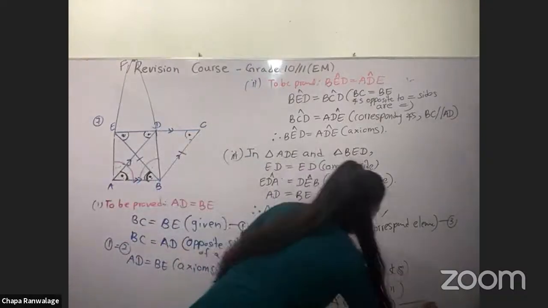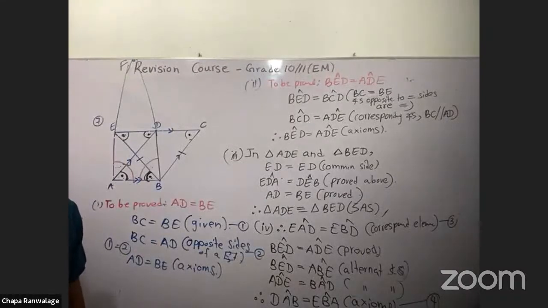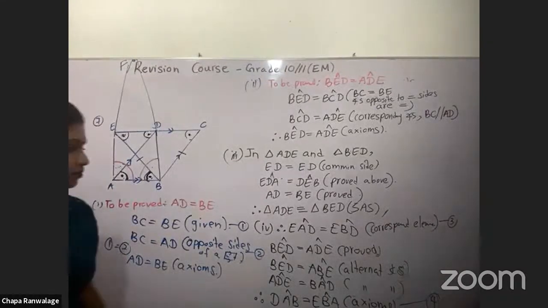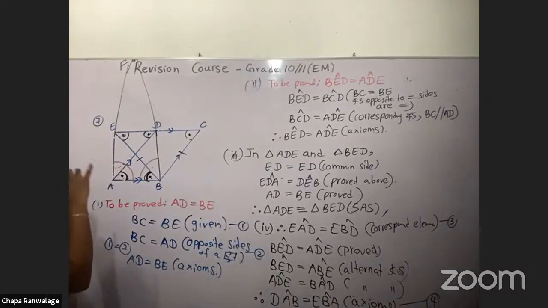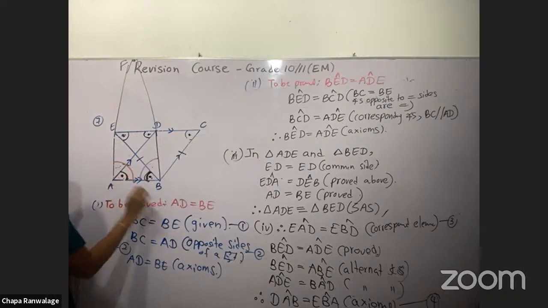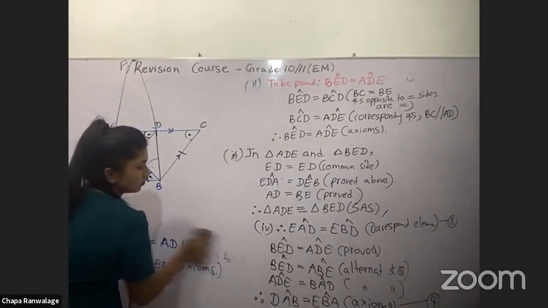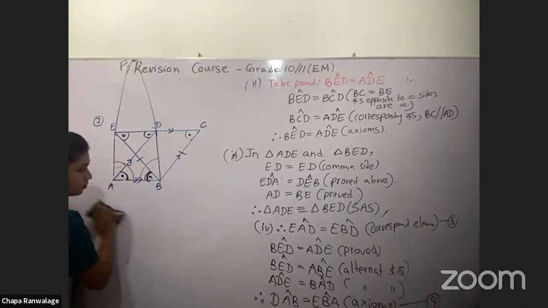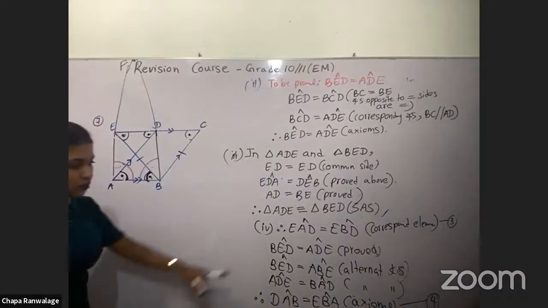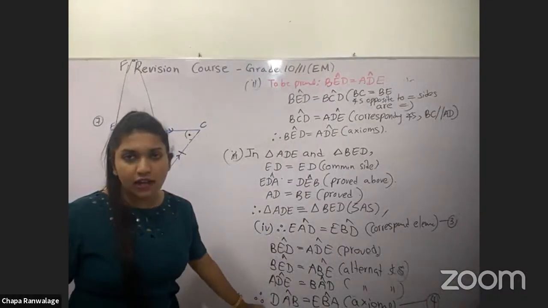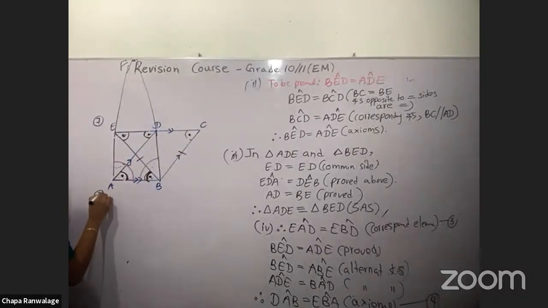This is the fourth one. Now this is the third equation. This is the fourth one. By adding them, you can prove 3 plus 4.